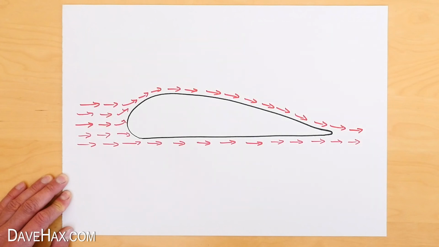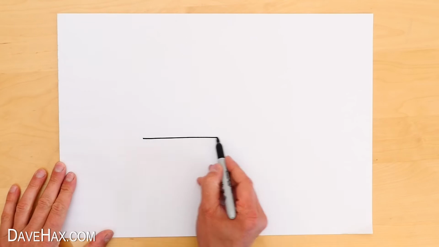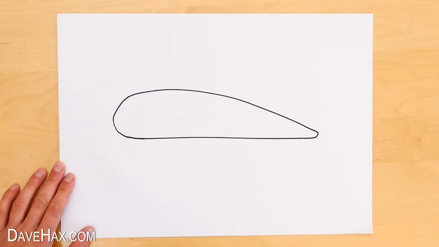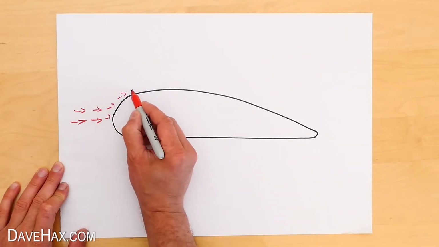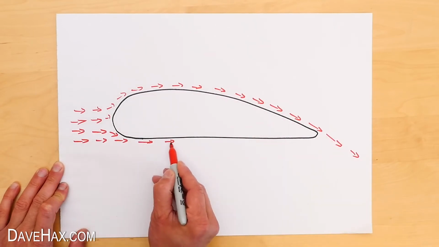Now, it is true that the air moving over the longer surface of the wing does move faster than the air underneath, resulting in a lower pressure. But it is also necessary for the wing to deflect the air particles downwards. So as the air comes over the wing, the airstream continues on its path as it leaves the wing.